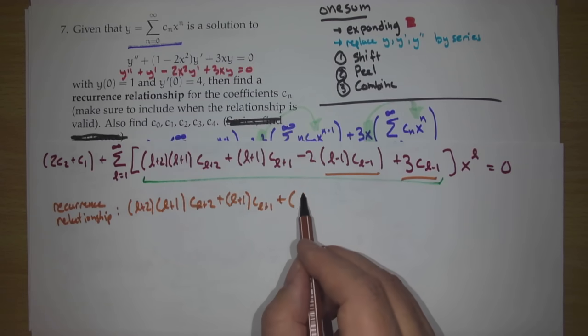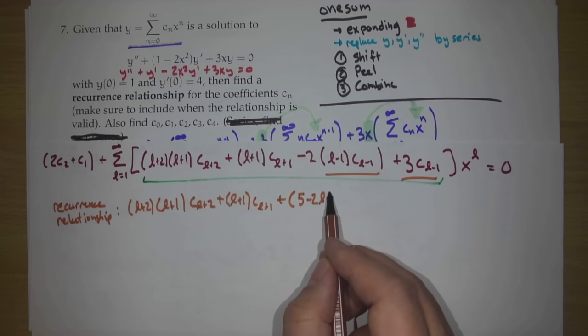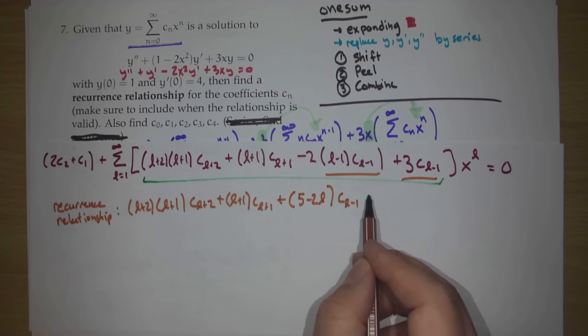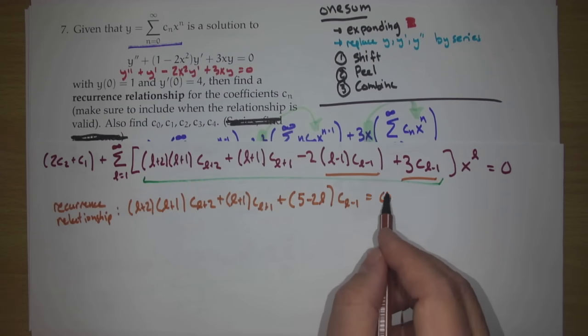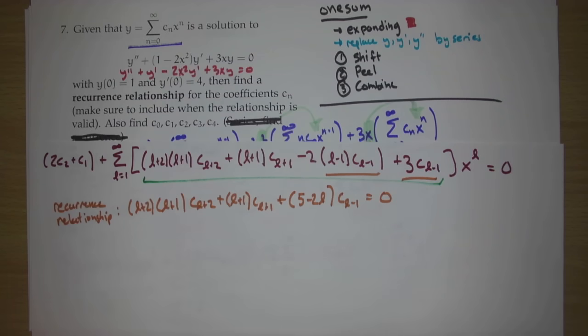So we could write this as 5 minus 2L CL minus 1. And term by term, it has to equal 0. Because two polynomials are equal if and only if the corresponding coefficients are equal. Well, the right-hand side is the polynomial 0, where all the coefficients are 0. So all these coefficients have to be 0. Now that's the recurrence relationship.